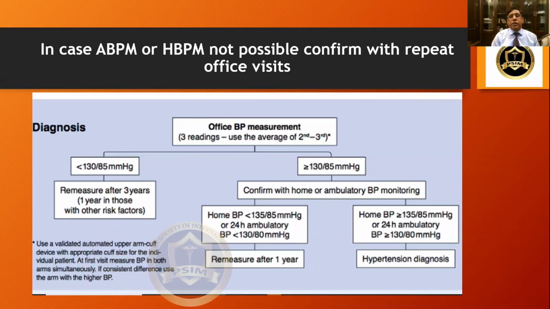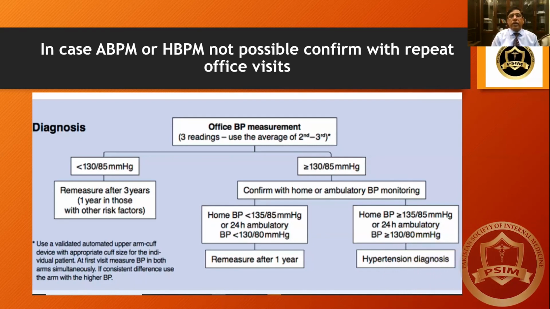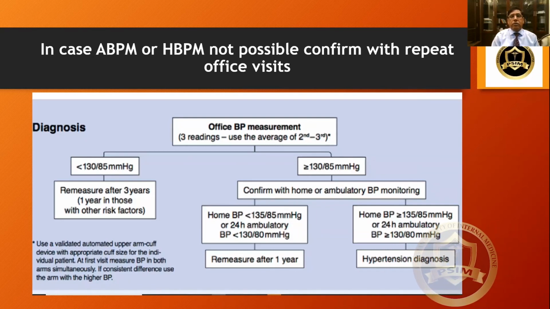But any blood pressure of more than 130 systolic and 85 diastolic, we need to confirm either by home blood pressure self-monitoring, or if available by ambulatory blood pressure monitoring. Now if the reading is less than 130/85, or on 24-hour ambulatory reading less than 130/80, you probably need to re-examine this patient within a year.